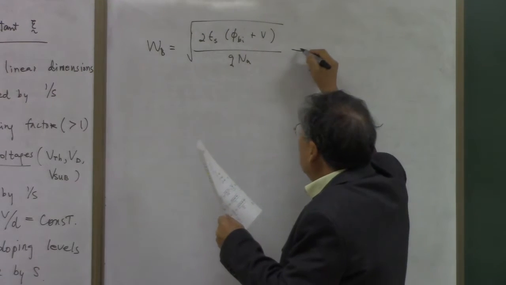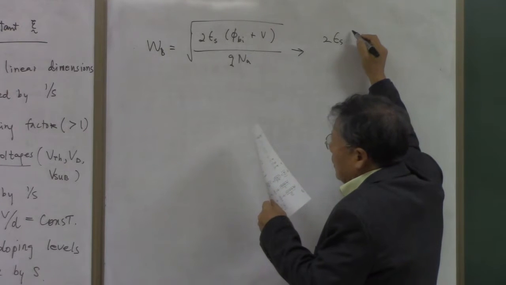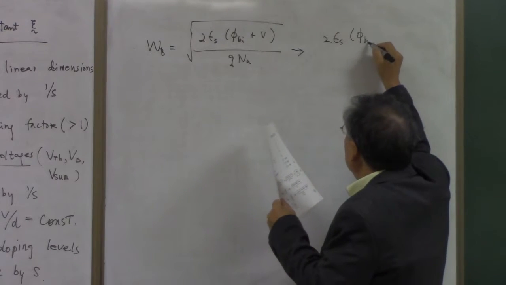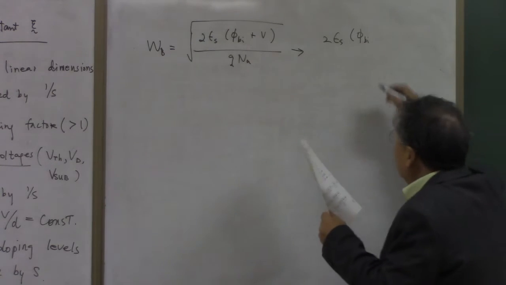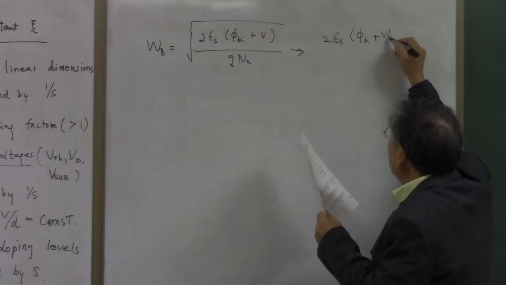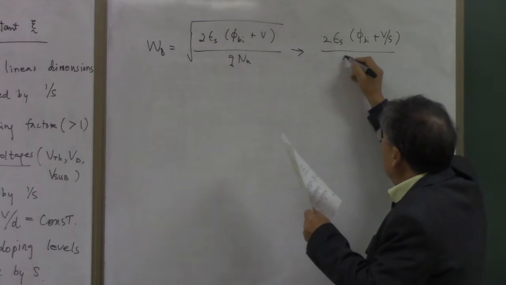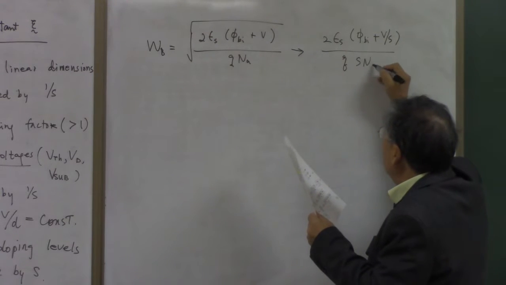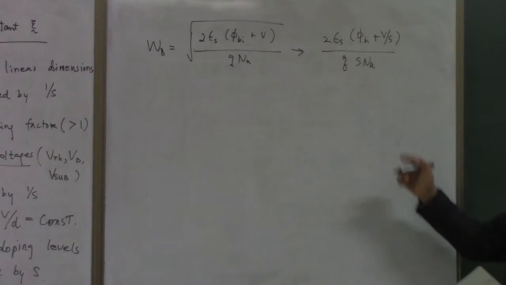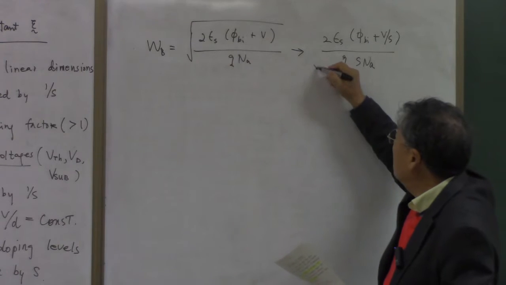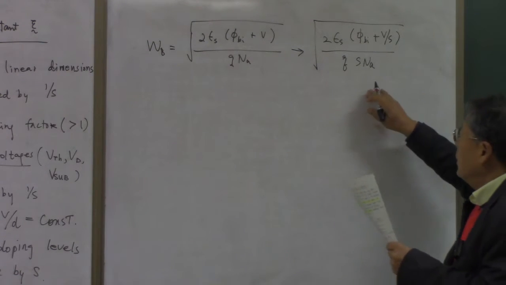Scale down means the dielectric constant and the built-in potential, we just keep the same. Now the voltage is going to be scaled down by S, and then we want to scale the substrate doping level by the scale factor S, like this.